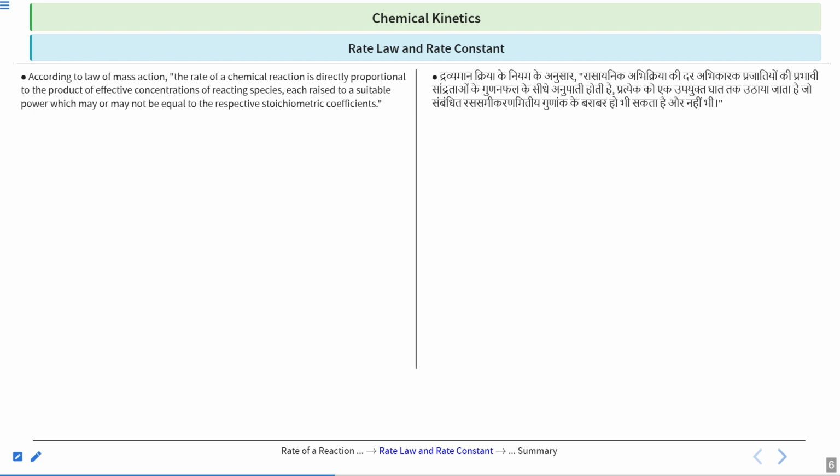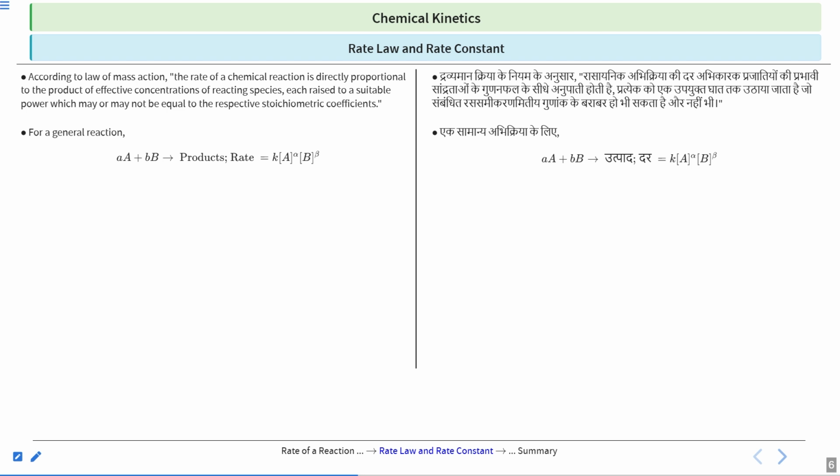This should always be in your mind. There are cases where the stoichiometric coefficient and the power are the same, and that case will be mentioned in later slides. But till now you should keep in mind that this power to which the concentration is raised is experimentally determined. Clear? Now consider a general reaction.